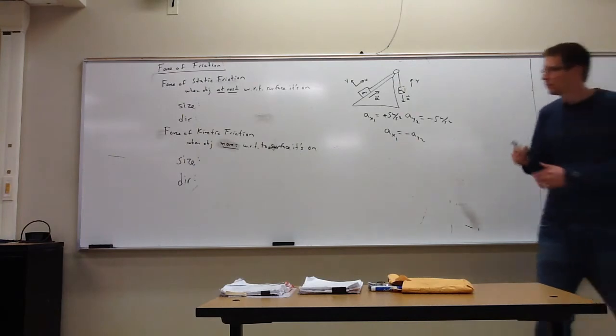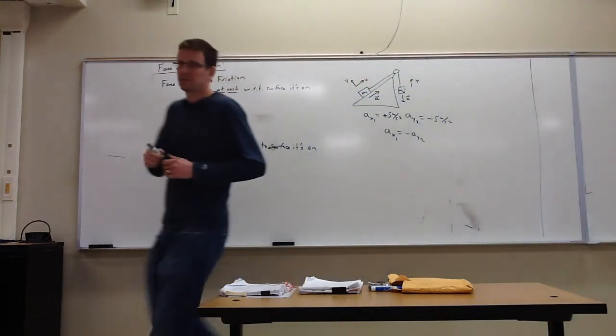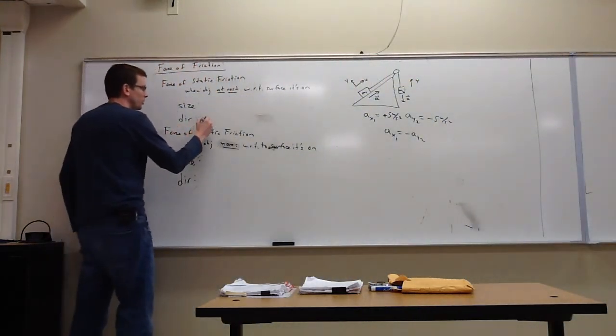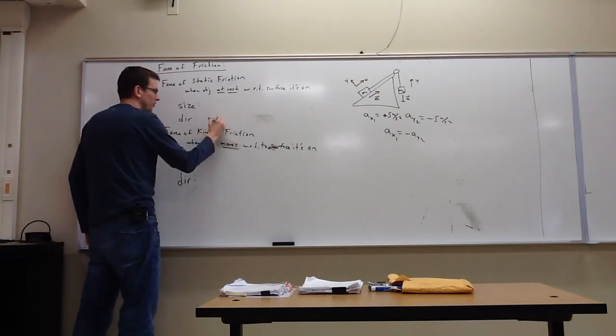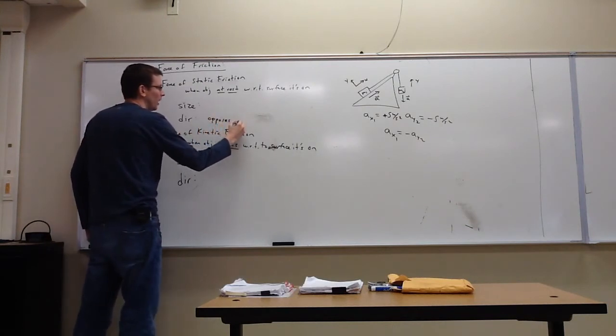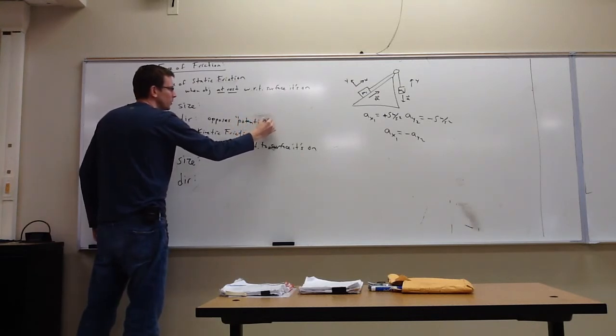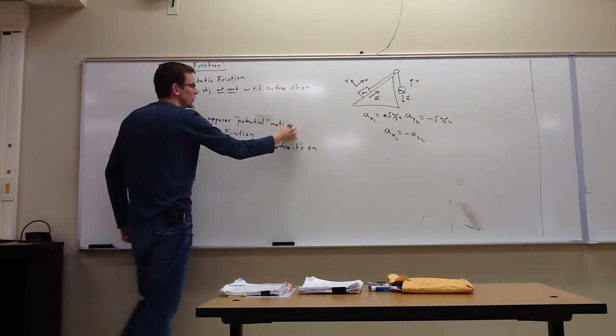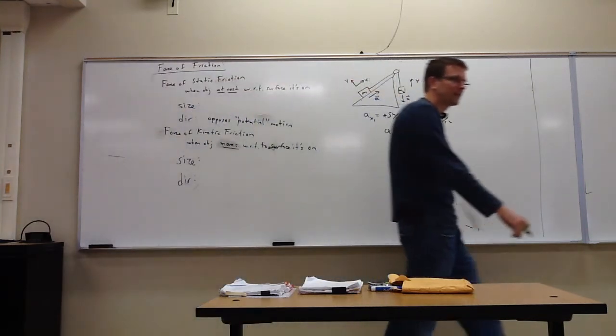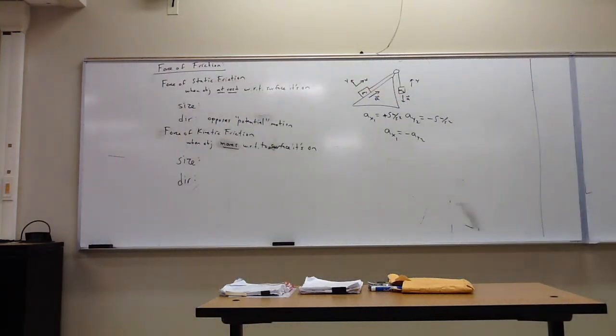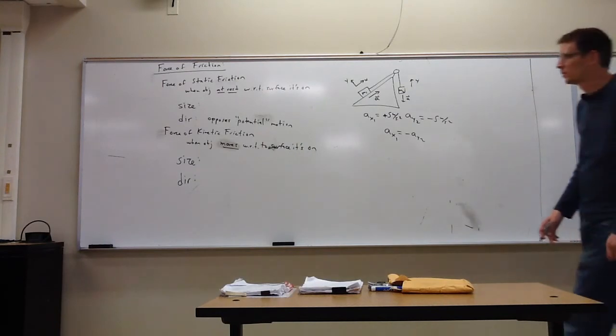let's talk about first the direction. The direction part's easy, okay? So force of static friction opposes the quote-unquote potential motion. So you're, of course, not sliding against the surface yet, but it's keeping you from doing so.